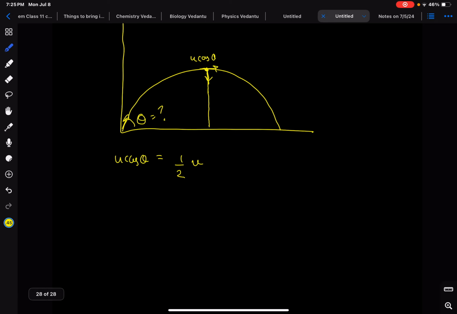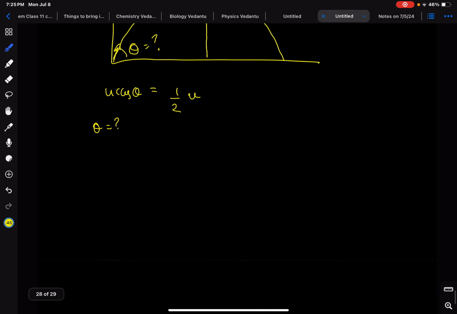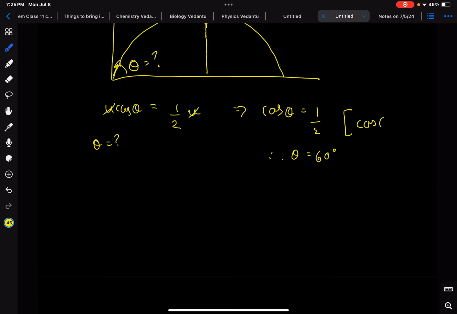What is theta? We want to find theta over here. So u cos theta is equal to half u, the u's get cancelled. That means cos theta is equal to 1 by 2. That means theta is equal to 60 degrees, as cos 60 degrees is equal to 1 by 2. That means the angle at which the ball was thrown is 60 degrees.